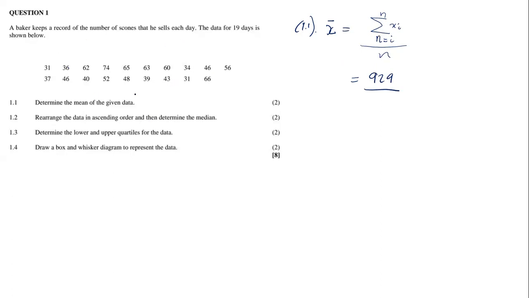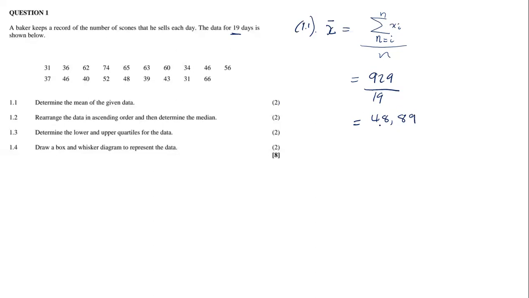I hope that's what you get when you add all of these values, and then divide by the total number of these values. How many of them? You don't have to count them. We are told that there are 19 days, meaning we're going to divide by 19. Or you can literally count them, 1, 2, 3, 4 until 19. Therefore, 929 divided by 19 on our calculator, rounded to 2 decimal places because we are not told otherwise, gives 48.89.